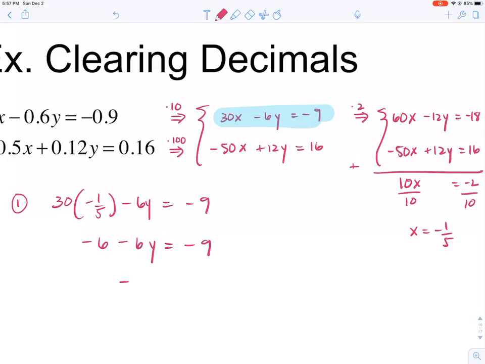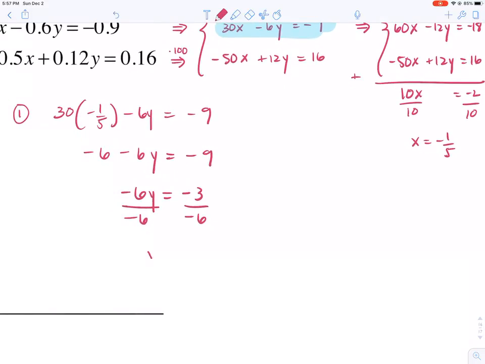I can add 6 to each side of the equation, and then divide by negative 6 to get y is equal to 1/2.